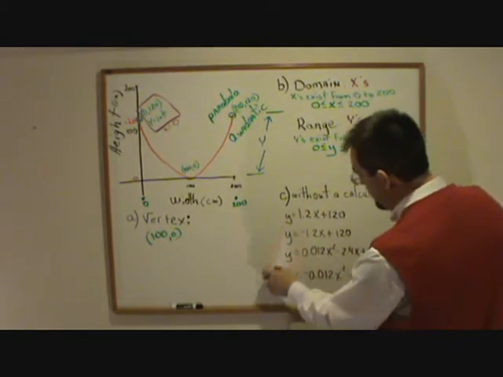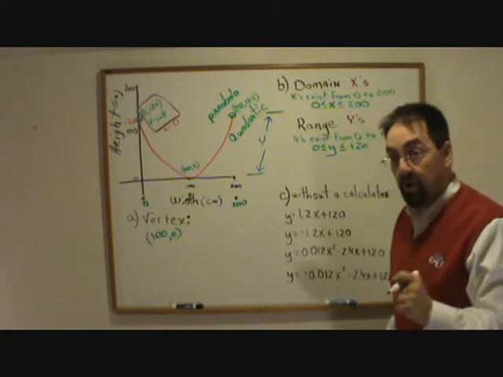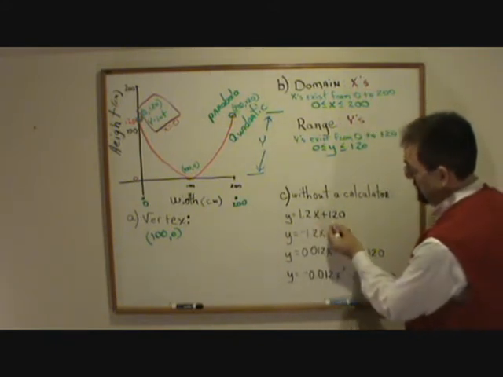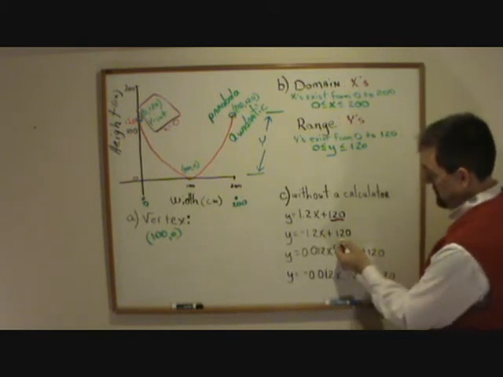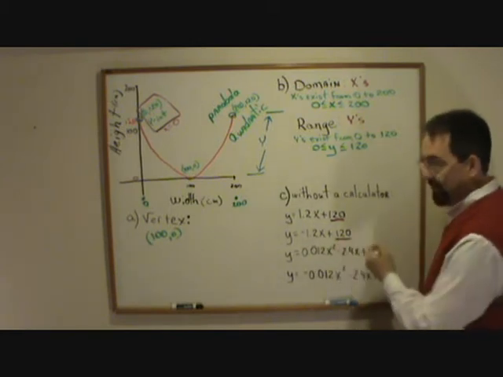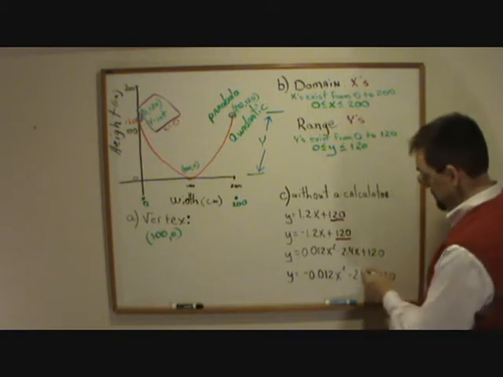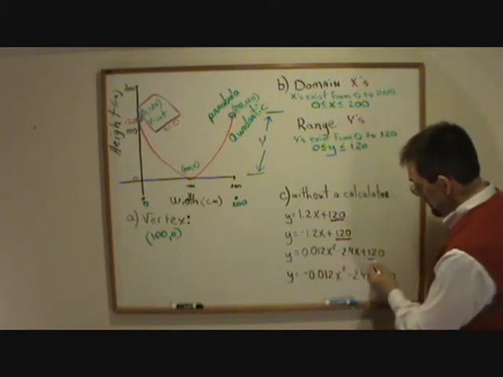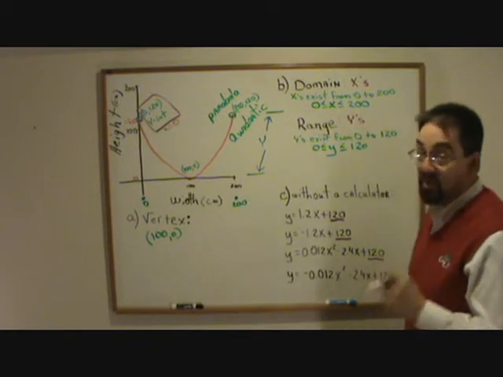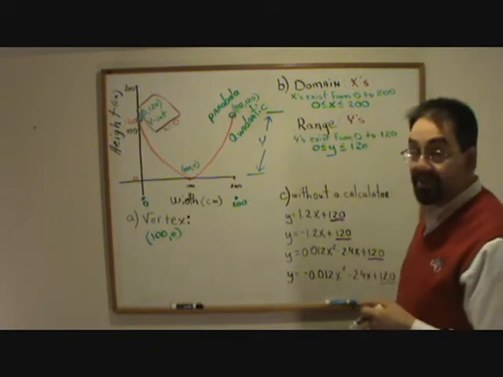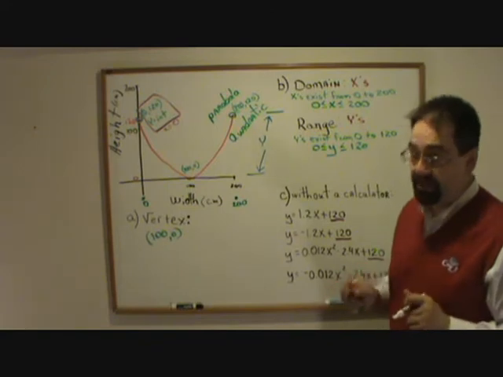Well, let's look at these and say, when x is 0, what is the y-intercept? 120. That works. X is 0, we get a 120. Unfortunately, the y-intercept is correct in all of them, so that didn't help us.